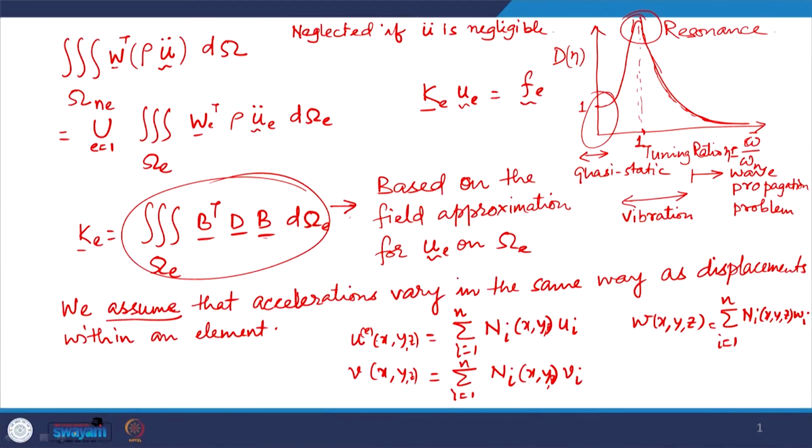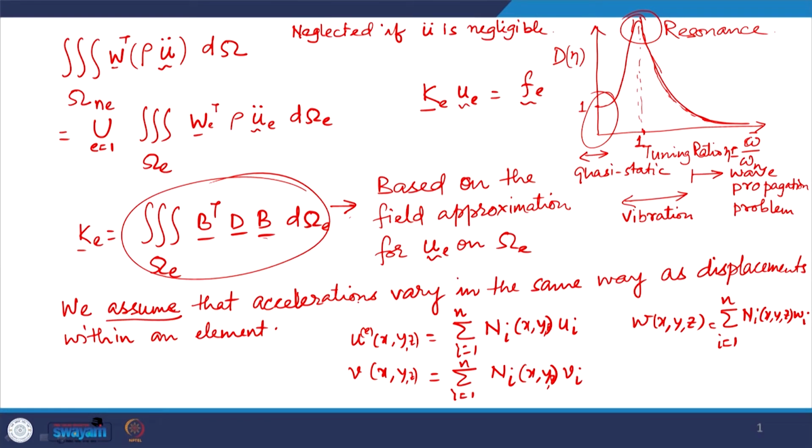So, for the displacement field along x, the field variation within the element domain is given as interpolation between the values of displacement u on the nodes of the element, whatever the element geometry be. And similarly for the displacement component along y and the displacement component along z.